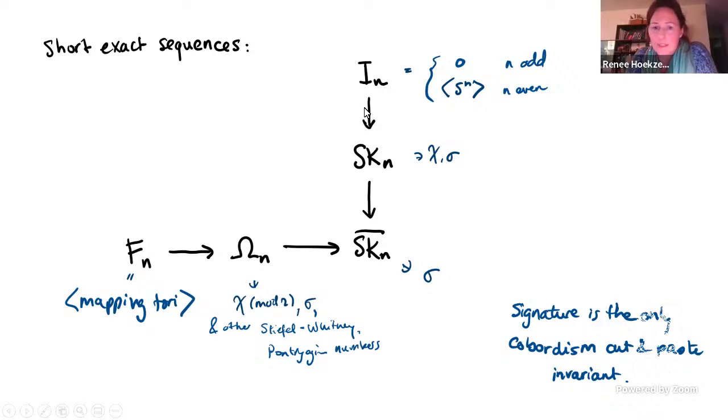But if I kill them, then I get SK-bar. Whereas for Omega_n, all manifolds bounding are zero in cobordism, and a manifold that is a boundary is easily seen to be 0 in SK. So if I kill all boundaries, then I get SK-bar.